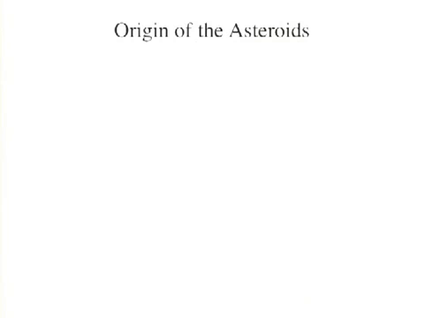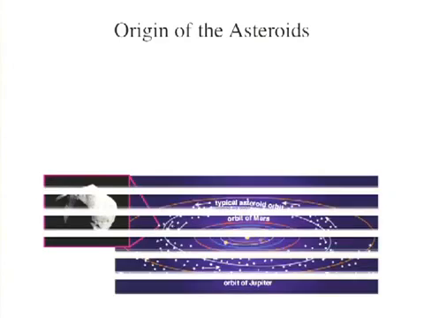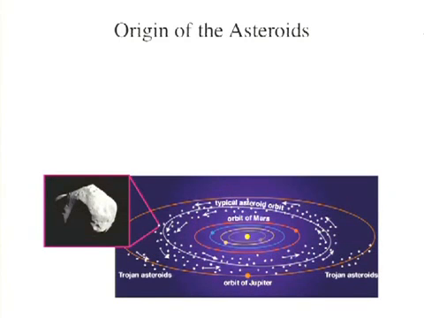Okay. All right, so the origin of the asteroids and comets, how did they get formed? Here, for example, is Jupiter, orbiting around. And it happens to have something called Trojan asteroids that are exactly, here is the Sun, here is Jupiter.